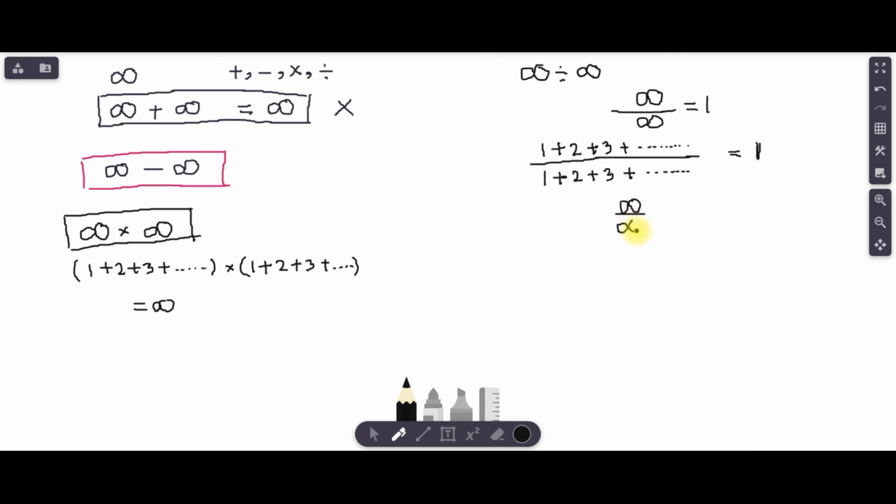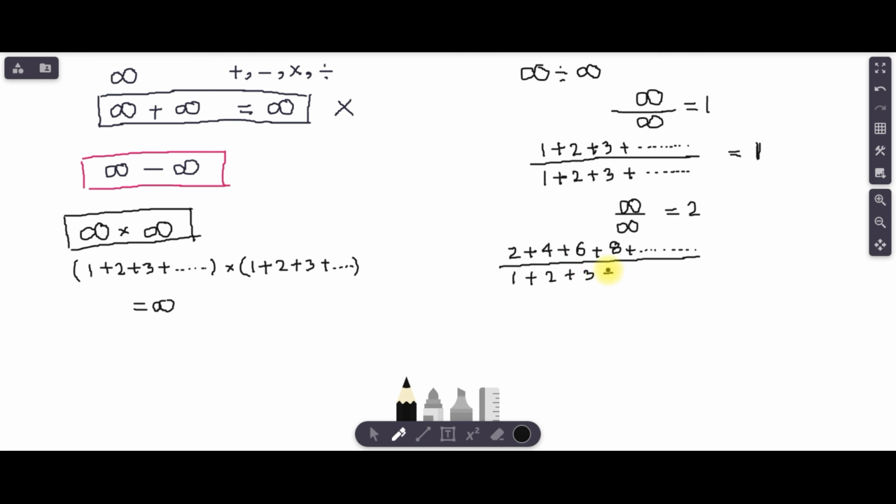Very interesting to understand: the numerator infinity is twice the denominator infinity. If I take a series 2 plus 4 plus 6 plus 8, going on with as many terms as possible, divided by, in the denominator, 1 plus 2 plus 3 plus 4.